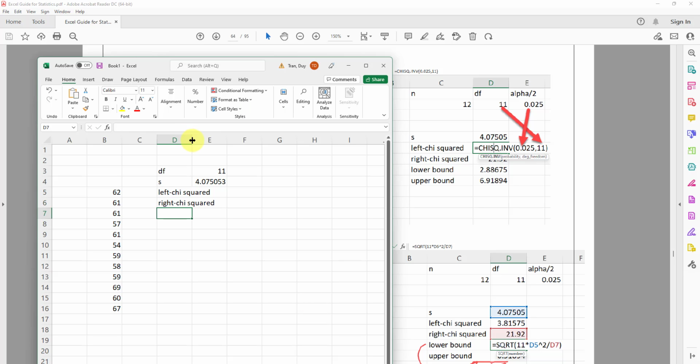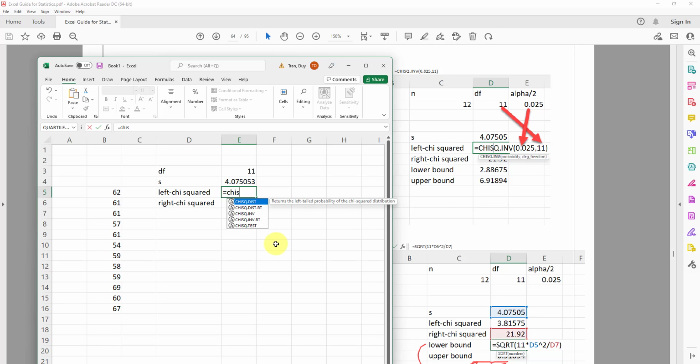From the formula, for the left chi-square, we just simply use CHISQ.INV because I'm looking for the inverse chi-square. And the probability, that is the level of alpha over 2. And alpha over 2, remember, is equal to 0.025. And the degree of freedom is 11. You can just click here or type 11.